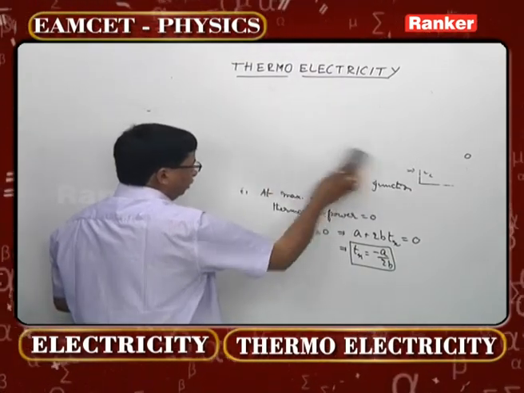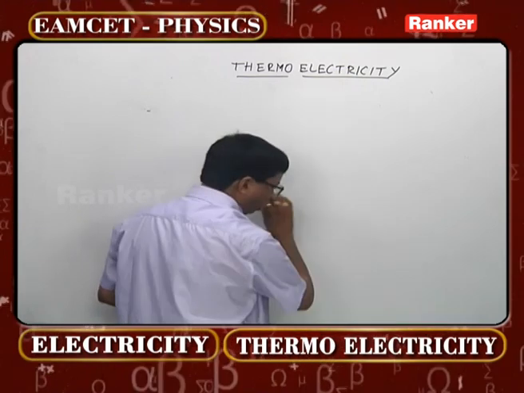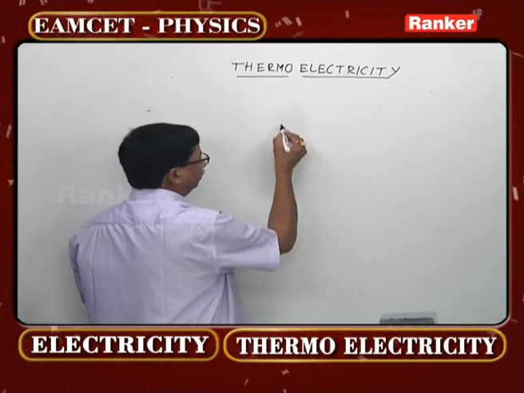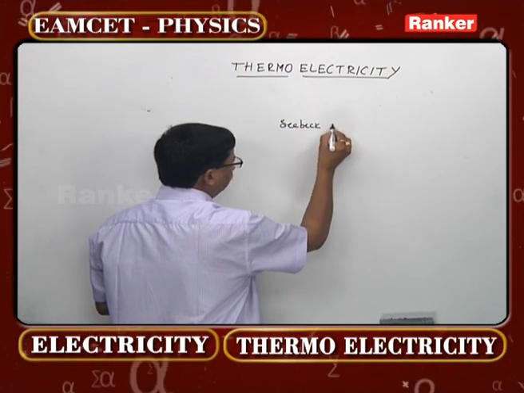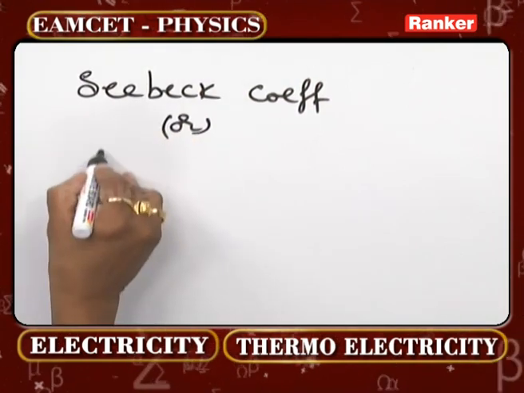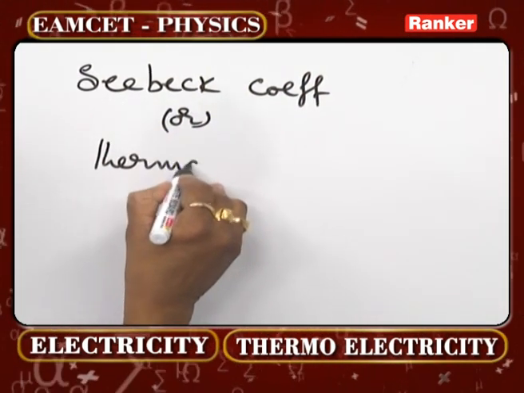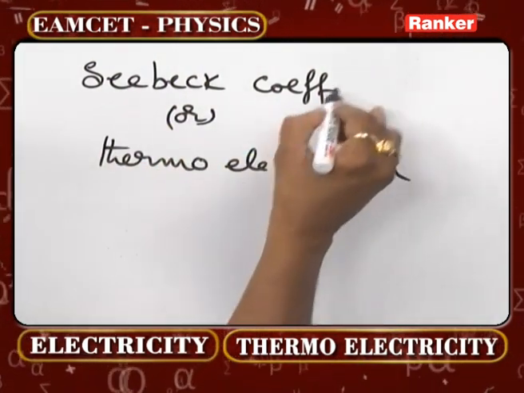Come to the next one. Whatever thermoelectric power you have taken up just now, that thermoelectric power is also called Seebeck coefficient. So Seebeck coefficient's other name is thermoelectric power. How do we represent this?